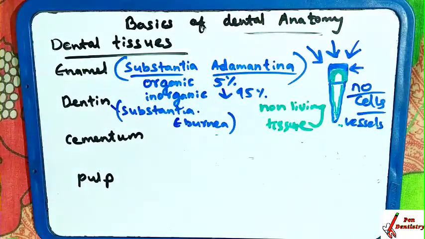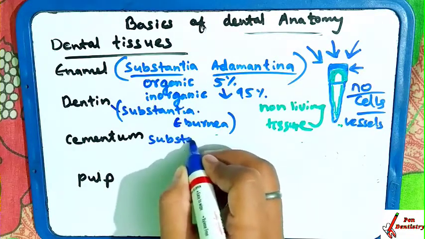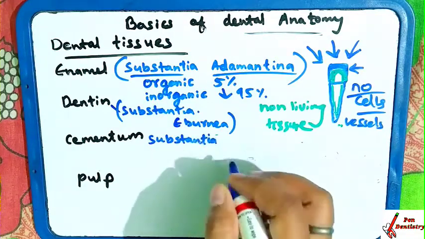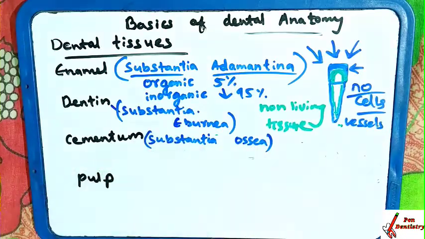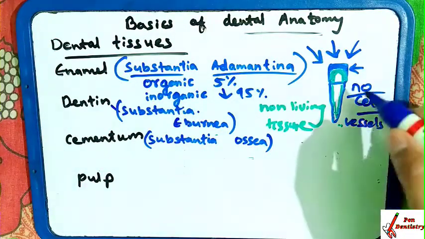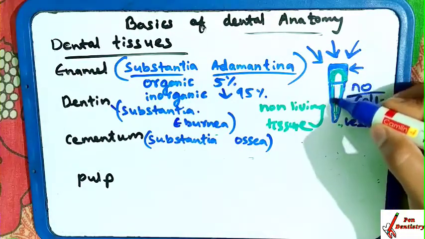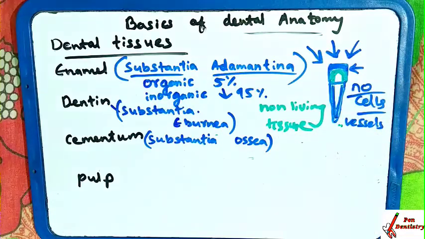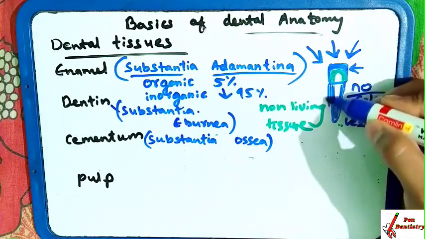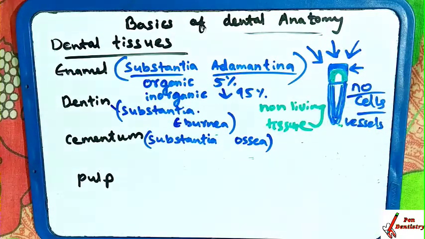Cementum is known as substantia ossea. It covers the root portion of the tooth. This is the root portion, and it is covered with the cementum tissue.